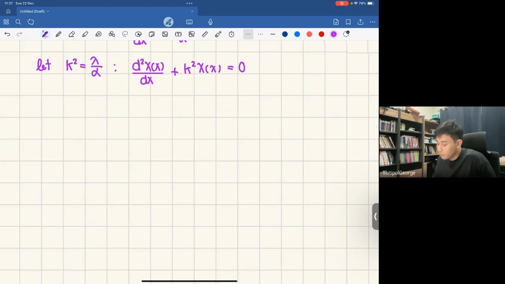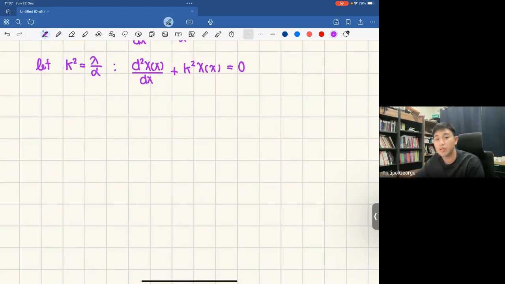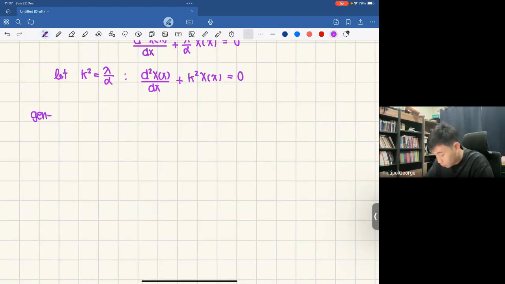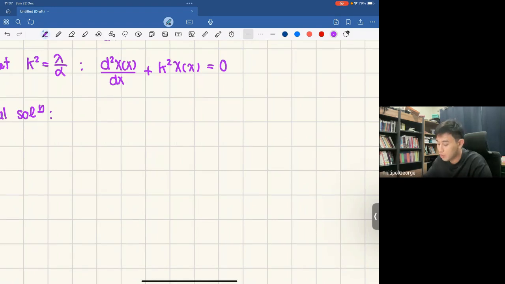This one is quite similar to the harmonic equation, so the general solution of this one is going to be c1 cosine of kx plus c2 sine of kx.